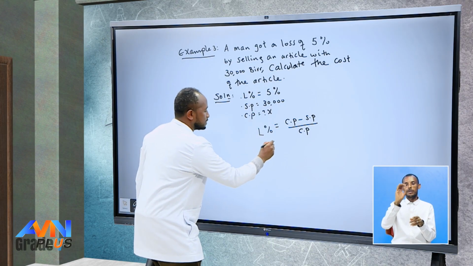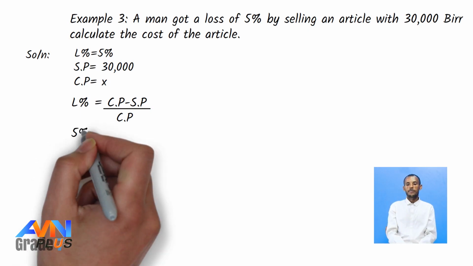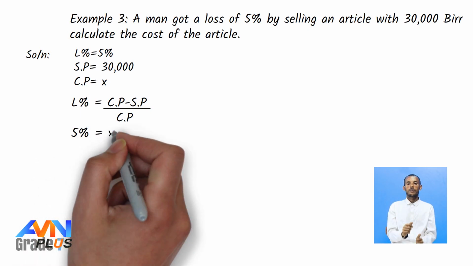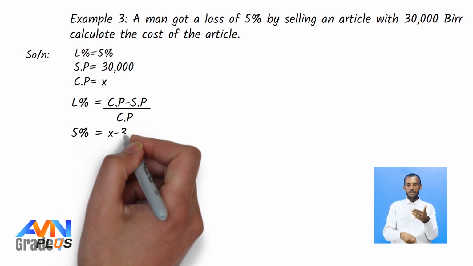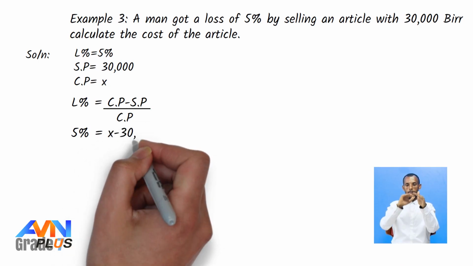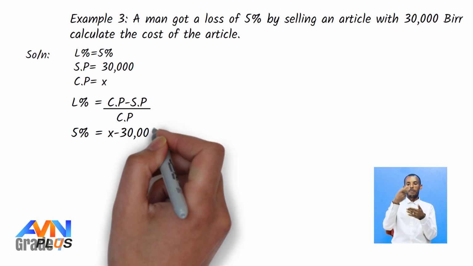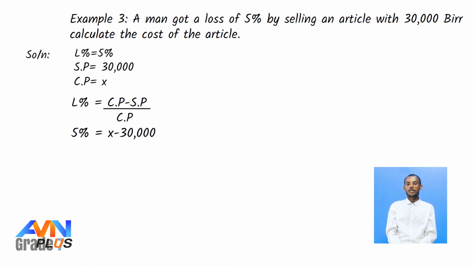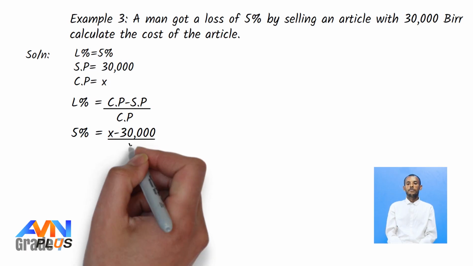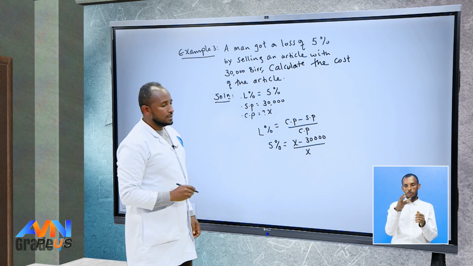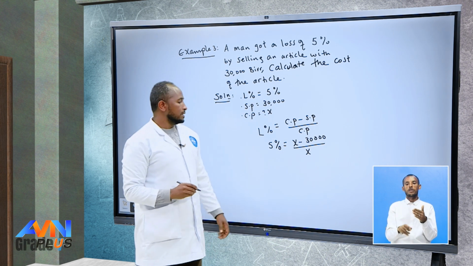So 5% is equal to the cost price, which we assume to be x, minus the selling price, which is 30,000, divided by the cost price, which we assume to be x. So we try to find this variable.